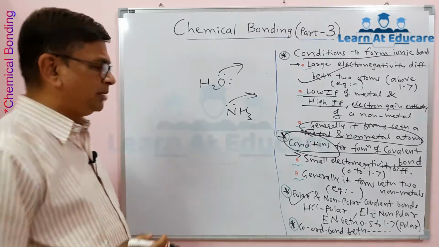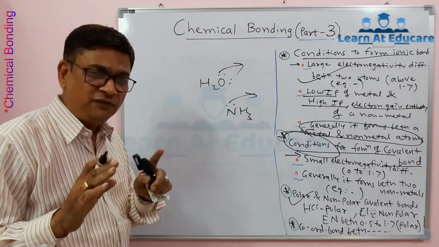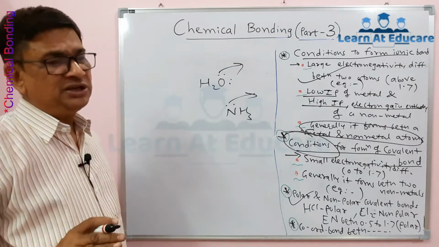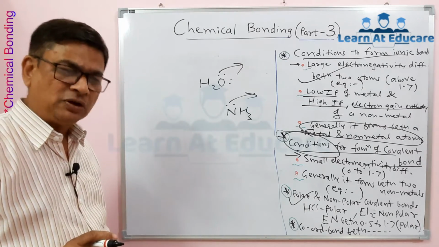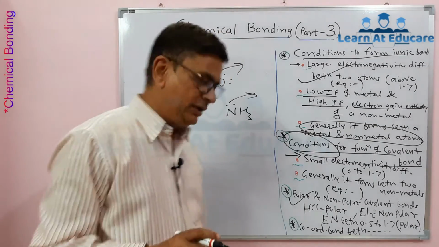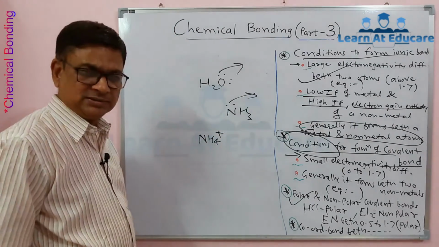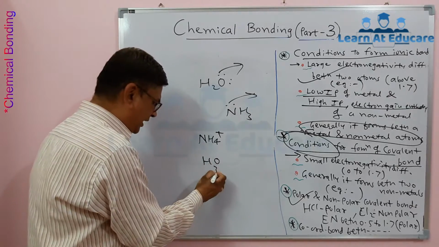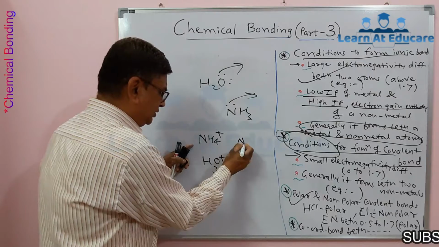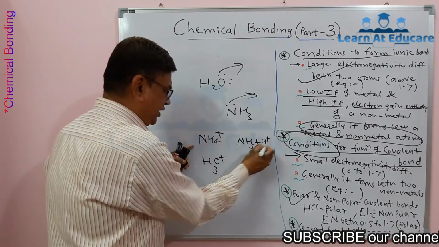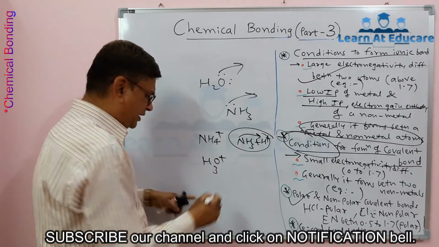And if that pair is donated for the formation of a covalent bond, not for the formation of an ionic bond, then such a special covalent bond is known as a coordinate bond, also called a dative bond. Examples are the formation of the ammonium ion NH4+ or the hydronium ion H3O+. In the ammonium ion, the incoming H+ is joined to NH3 by this electron pair shifting.